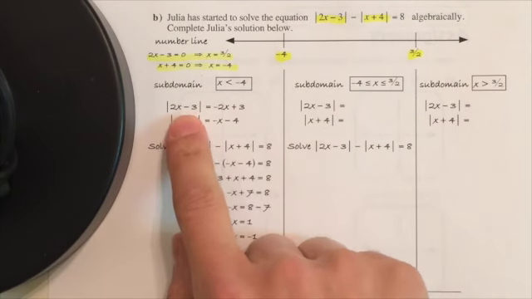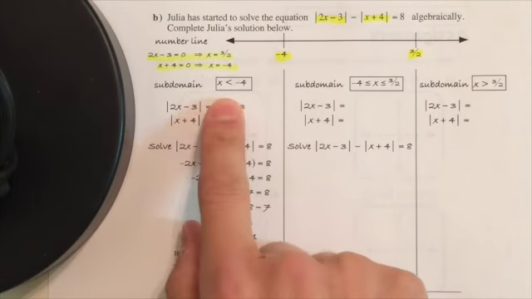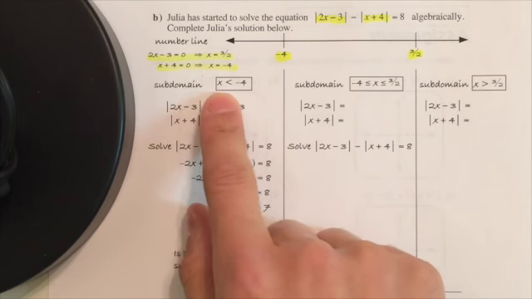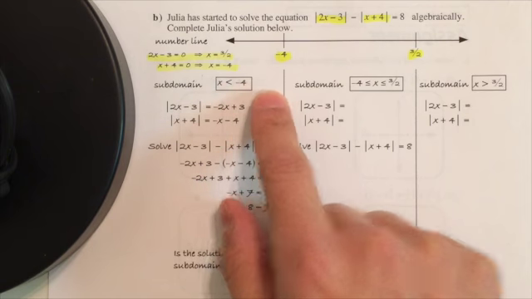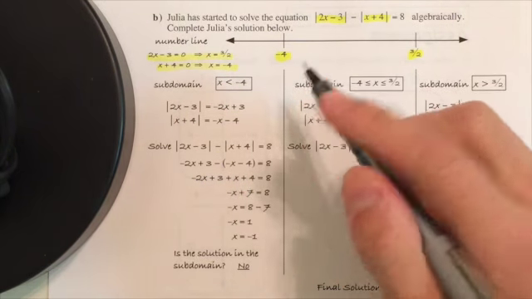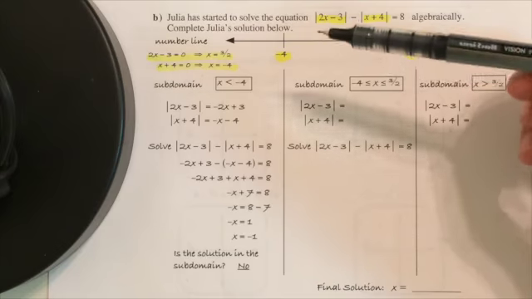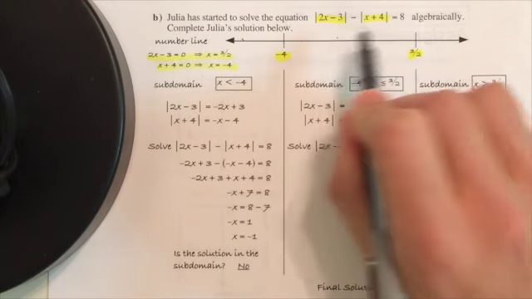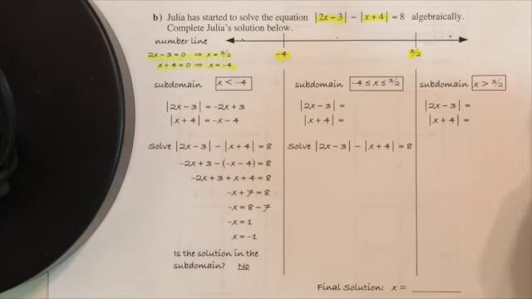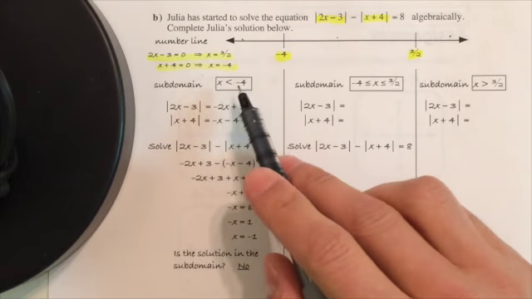If I have the first part of my equation, so if at my subdomain x is less than negative 4, my solution is going to fall in 3 places. It's going to fall here on my number line, here, and then here. Okay? So the first thing we need to determine is what this is going to be.